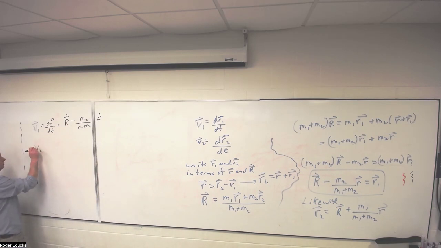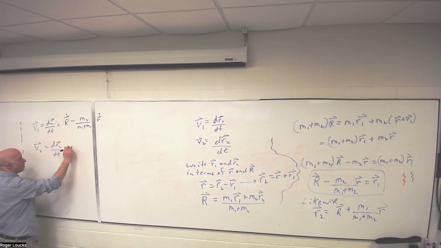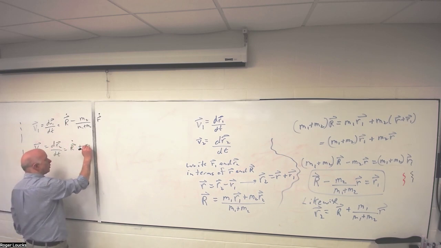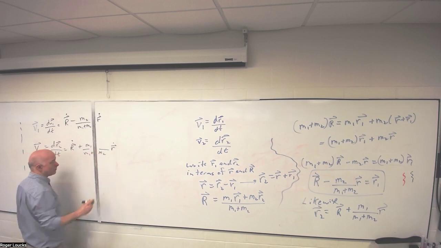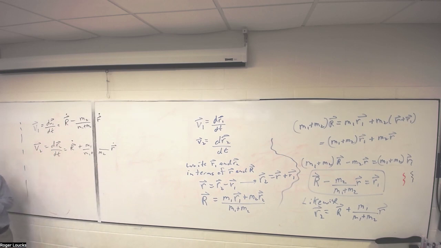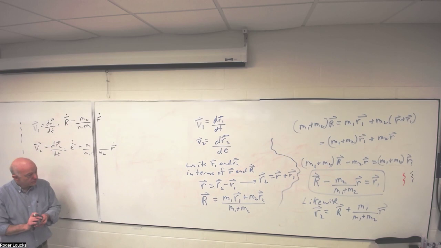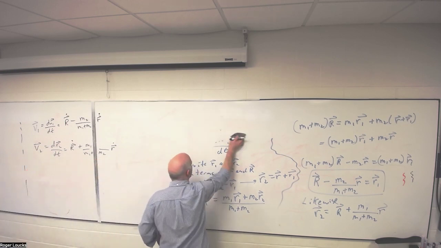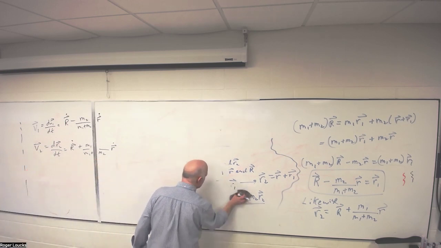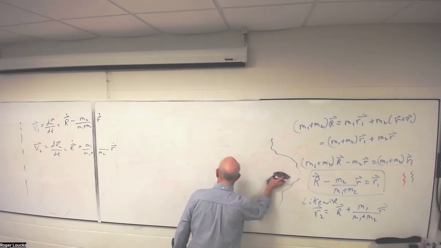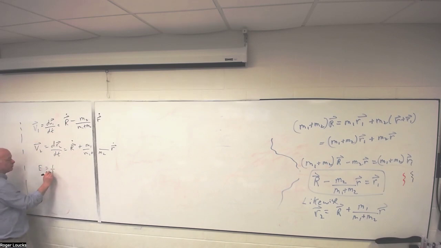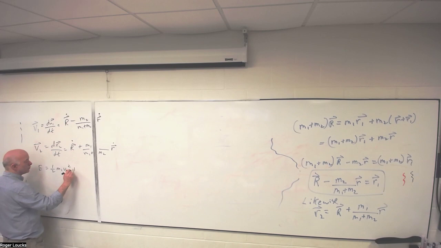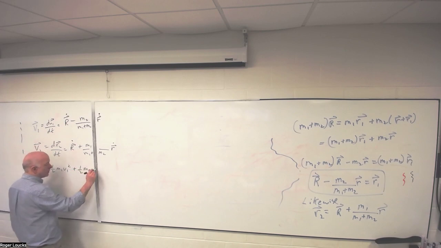And likewise, v2 is dr2/dt. That'll be R dot plus m1 over m1 plus m2 times r dot. Here, I wrote the energy. There's only one subtle spot.